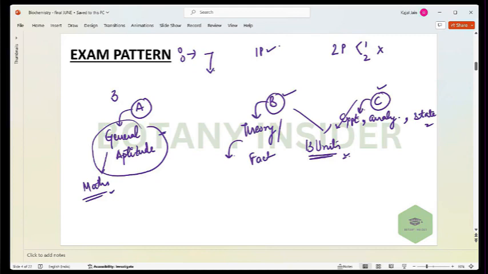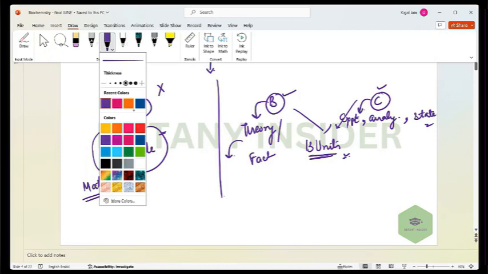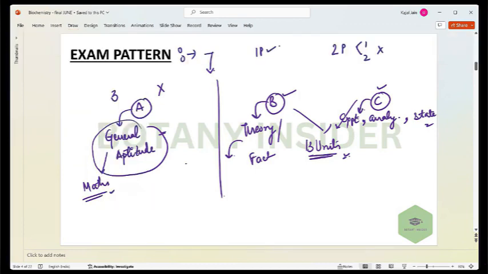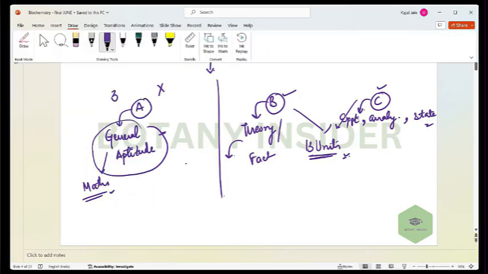Okay, majority of the students, and this is actually based on facts, skip this segment. But you don't have to skip it, you have to attempt this segment as well. Why do they skip it and what is the reason behind it, we'll discuss further. Wait for that. Now talking about the marks distribution and everything.